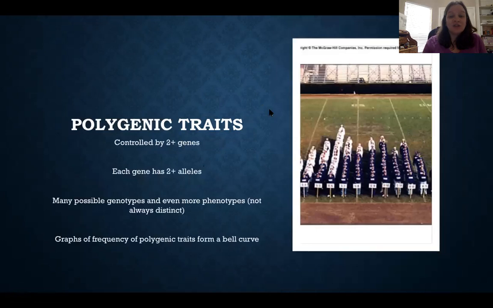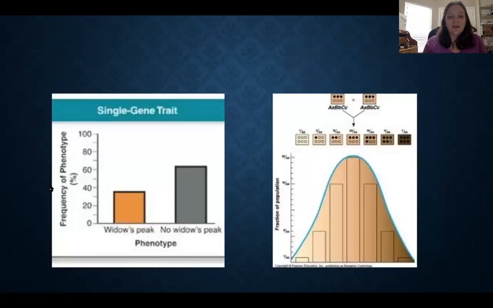Whereas with polygenic traits, you have at least two genes, and each of those genes has at least two alleles, so you have lots of possible genotypes and even more phenotypes, and it's not always distinctive. When you graph a polygenic trait, it tends to form a bell curve. For a single gene trait, you make a bar graph and you have just these very distinctive bars, usually 2 to 4.